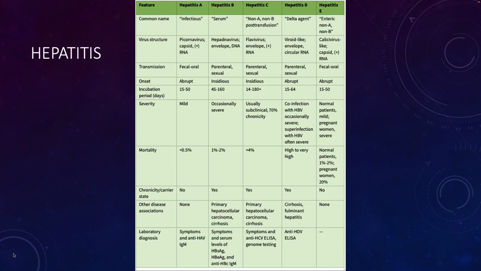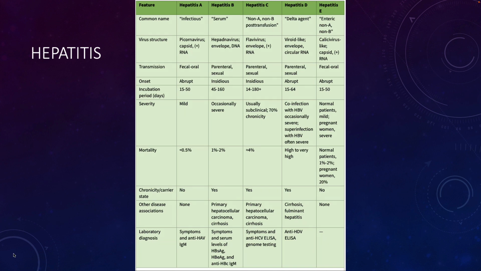So this is a table comparing and contrasting the different types of hepatitis, with the exception of G, which is pretty uncommon. Most commonly, patients who have hepatitis will have either A, B, or C. And you can see picornavirus, hepadnavirus, flavivirus, viroid.